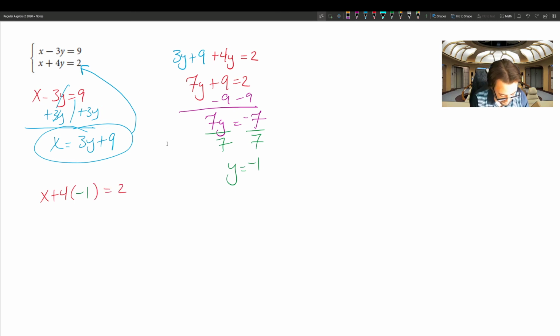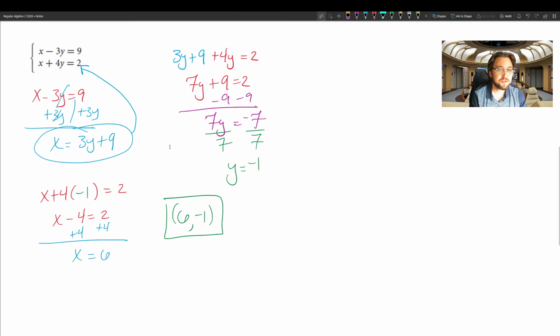Equals 2, okay? So that means that x minus 4 equals 2, because 4 times negative 1 is negative 4, right? I'm going to add 4 to both sides of my equation, and I will get that x equals 6. So my solution would be 6, negative 1.